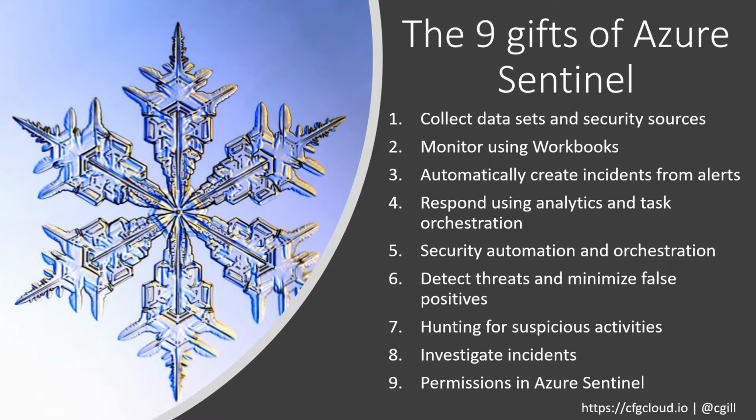We'll then look at responding using analytics and task orchestration, as well as security automation and orchestration. We'll go through some brief threat detection and false positive minimization, and we'll show a little bit of hunting for suspicious activities as well. We'll talk about investigating incidents, and we'll cover permissions in Azure Sentinel.